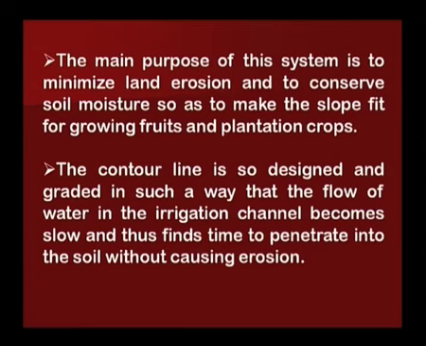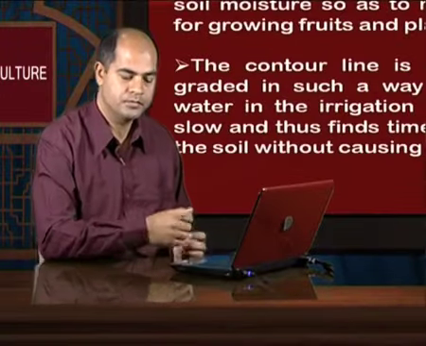The contour line is so designed and graded that the flow of water in the irrigation channel becomes slow and thus finds time to penetrate into the soil without causing erosion.